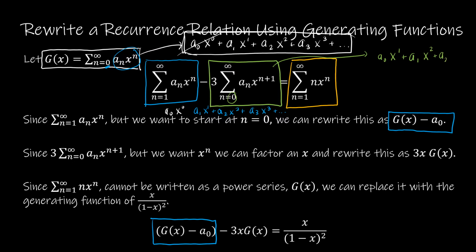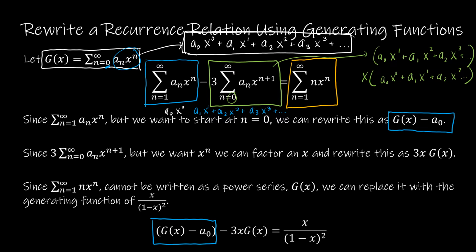And then a sub 2 x to the 2 plus 1, which is 3, and so on. Now, how does this compare to what I want for the power series? Well, I need a sub 0 to have x to the 0. So if I take an x out of all of this, that would leave me with a sub 0 x to the 0, and a sub 1 x to the first, and a sub 2 x squared.